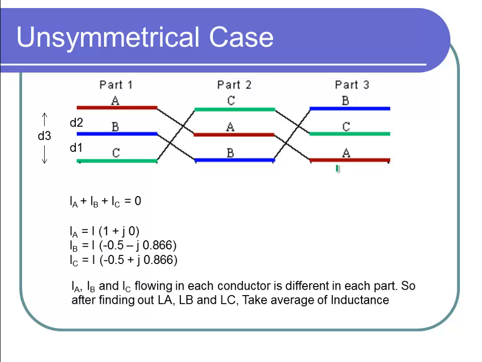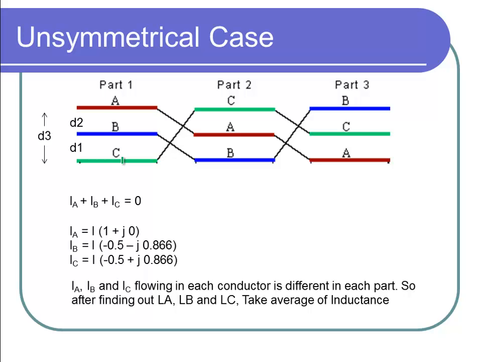If we calculate for the remaining 2 conductors B and C, again the same amount of magnetic flux linkage we will get. So in this way we are balancing the inductance all over the transmission network.